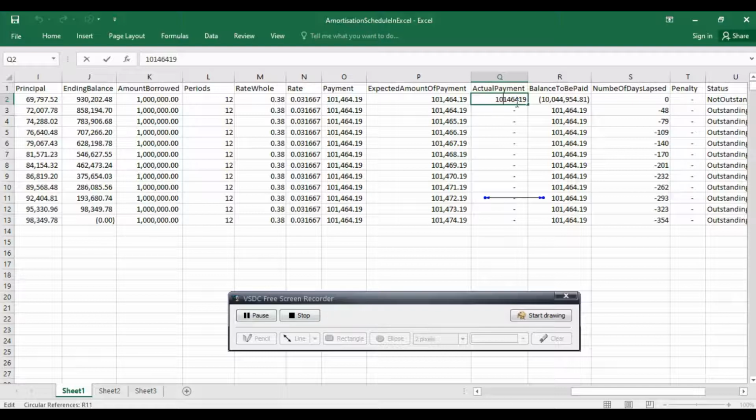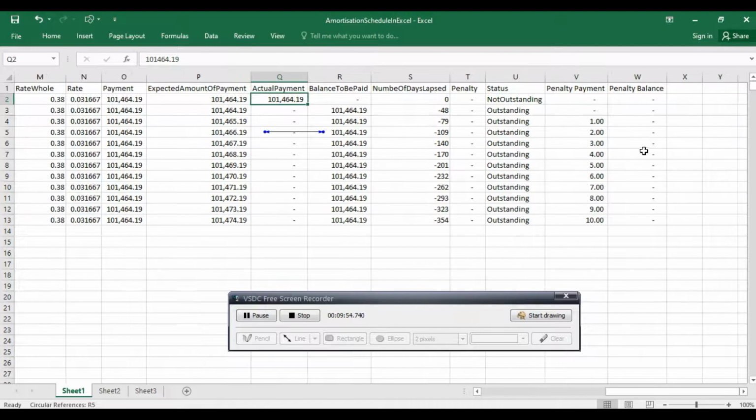The balance is 0, and here it is indicating that nothing is outstanding.